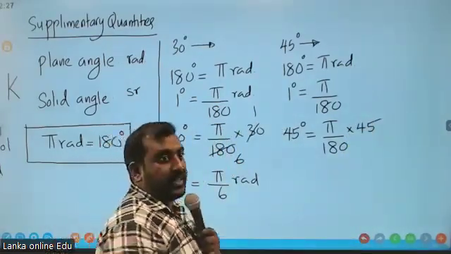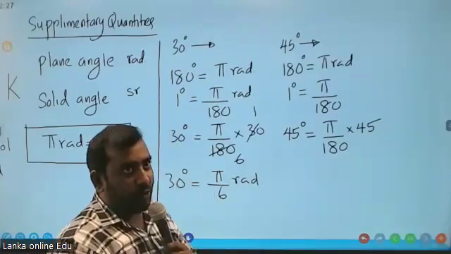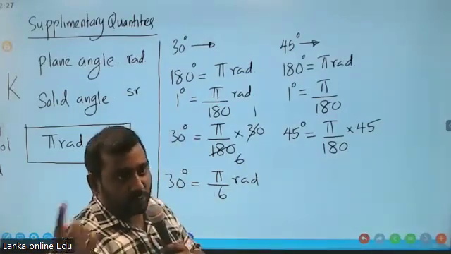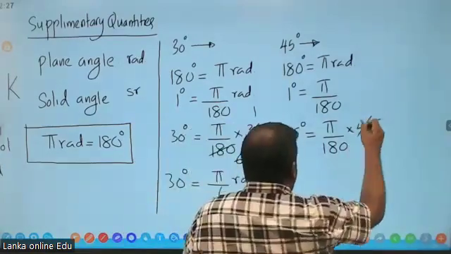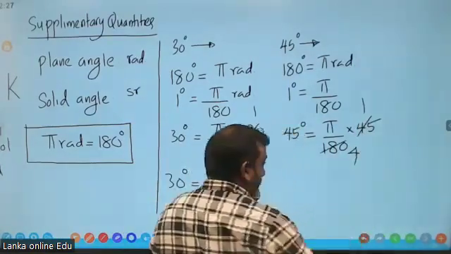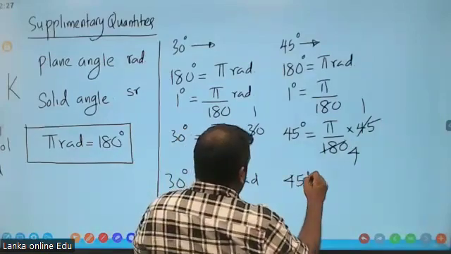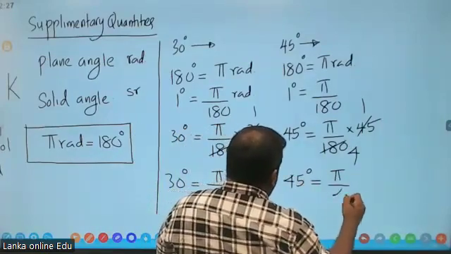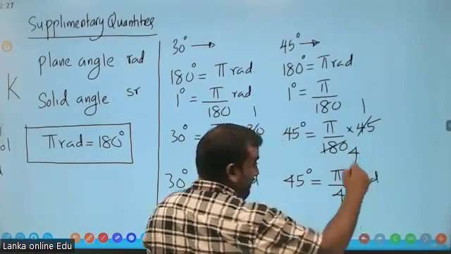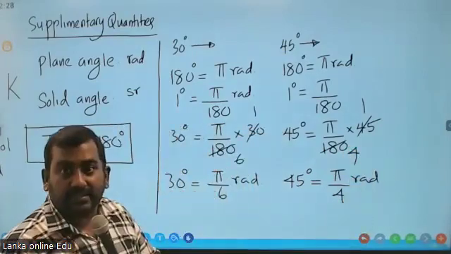How many 45s are there in 180? 45 times 4 is 180. So 45 degrees equals pi over 4 radians.